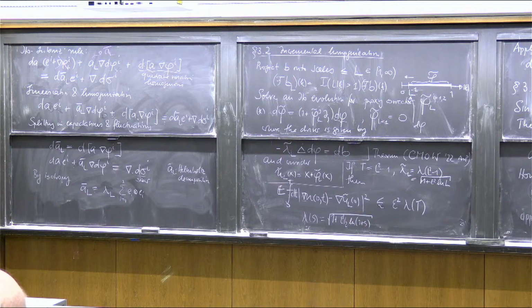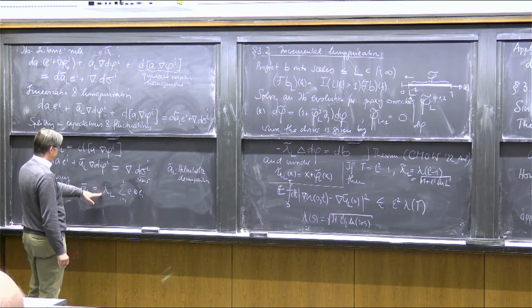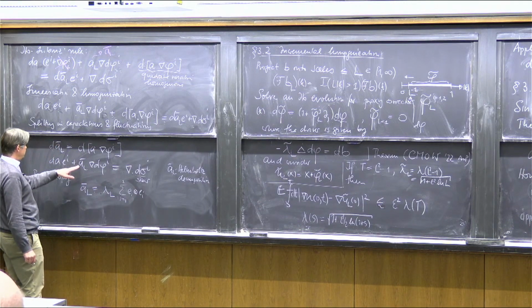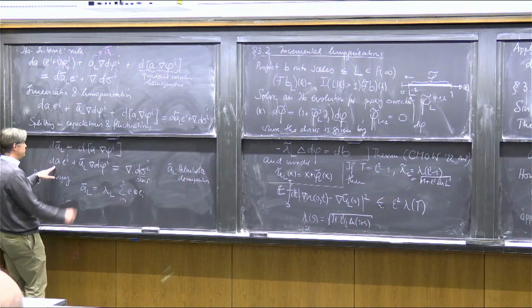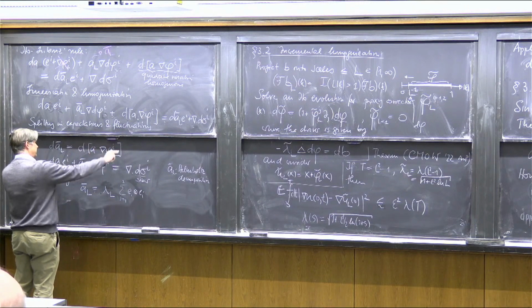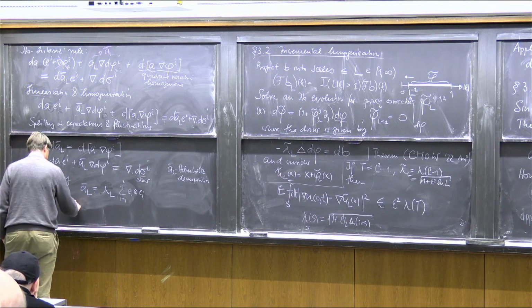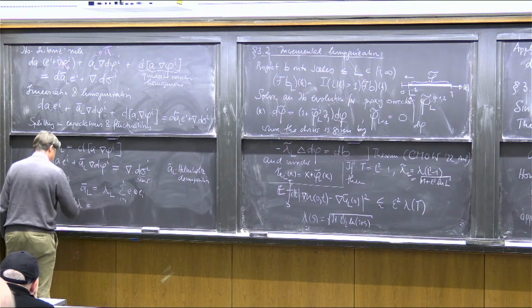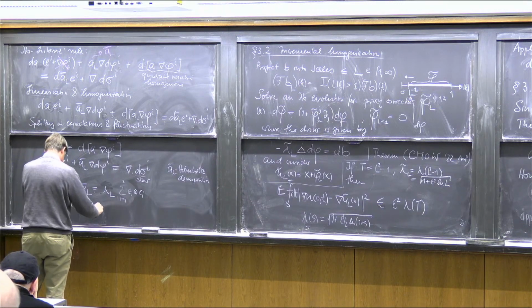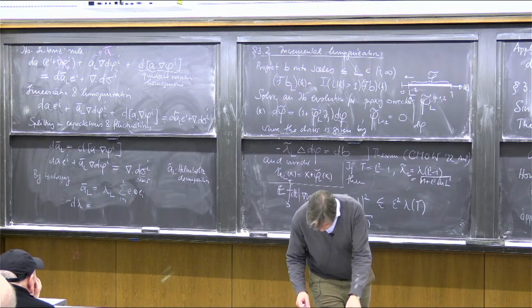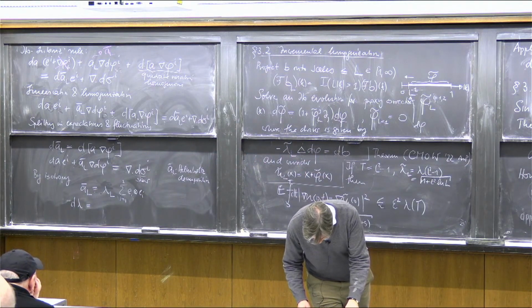And then from this ansatz, which you plug in here, you can compute this quadratic variation, and you find an ODE for lambda, which is d lambda is equal to, let me not make a mistake with the coefficients.